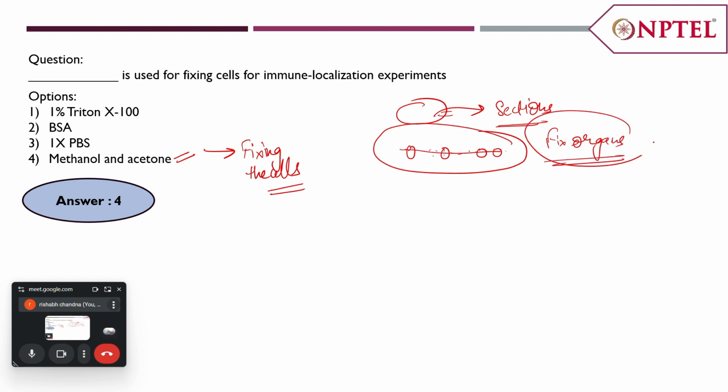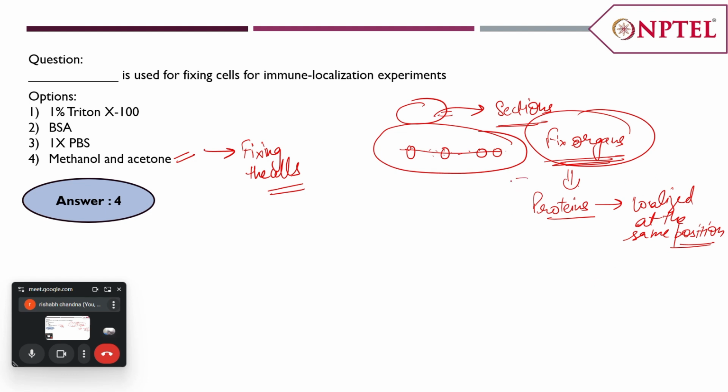Okay, so why do we fix the organs? We fix the organs such that the proteins that are present are fixed or localized at the same position. So this is the major reason why we use fixing, and here we fix in either methanol, acetone, or formalin.